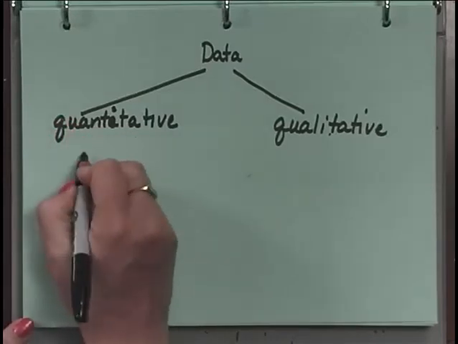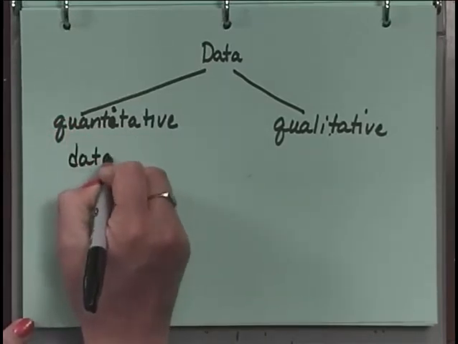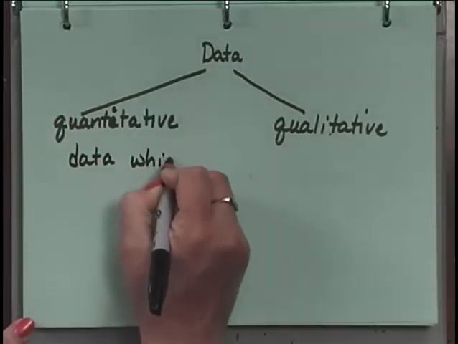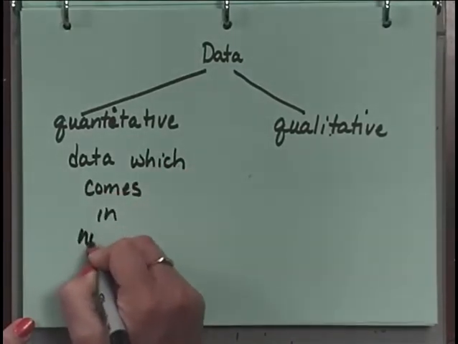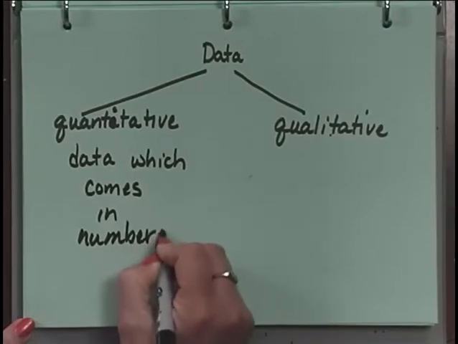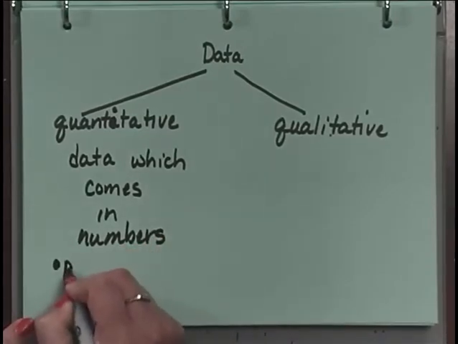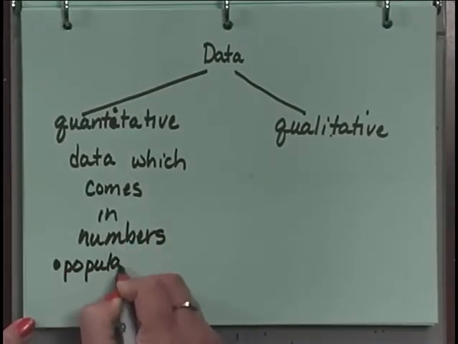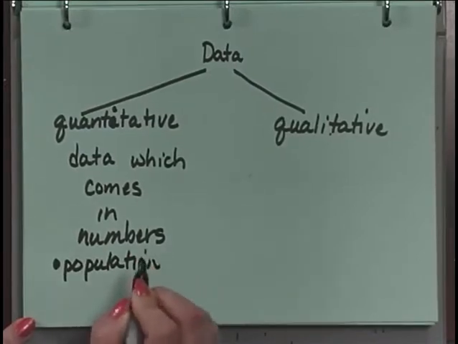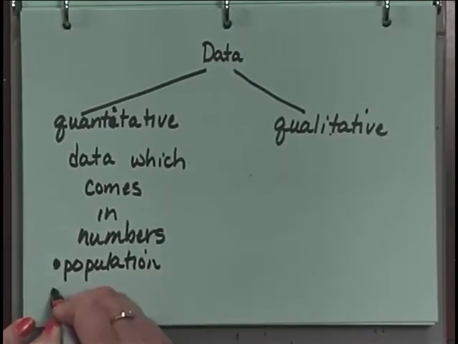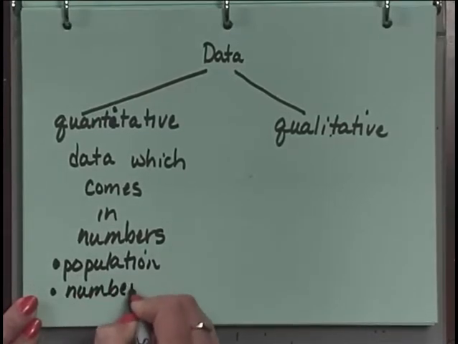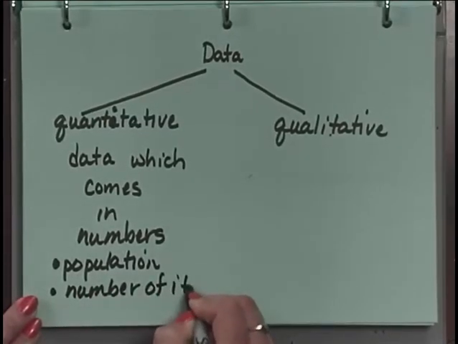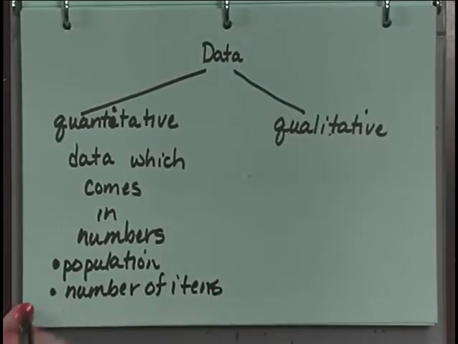So this is data that comes in numbers. For example, you might have the population of a city, which would be numerical data. Or maybe the number of items in a store. These would be numbers, and we would consider them quantitative data.